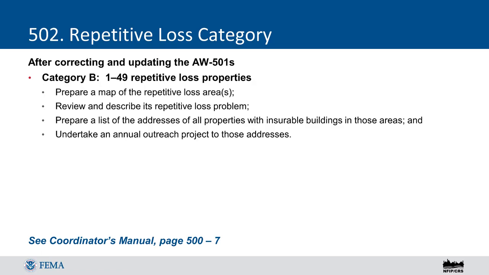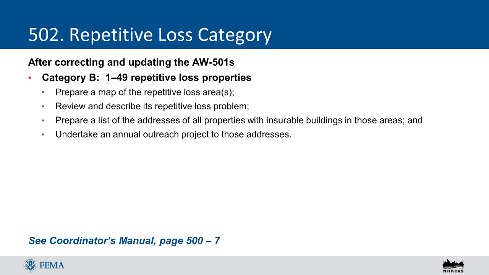If after correcting and updating your AW501s you have between 1 and 49 unmitigated repetitive loss properties, we consider you an RL Category B community, and this is a list of tasks that CRS is going to require that you do. You will need to prepare a map of your repetitive loss areas, and you will need to review and describe the RL problems for each of the defined areas.